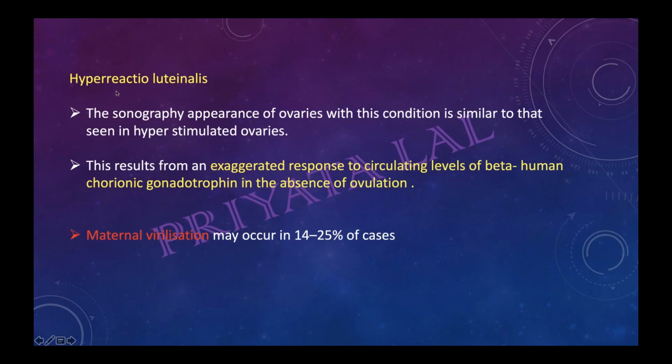So that is hyperreactio luteinalis, a hyperreaction to beta HCG. Second, important to remember, maternal virilization occurs in 14 to 25% of the cases. So these two lines are important for hyperreactio luteinalis.